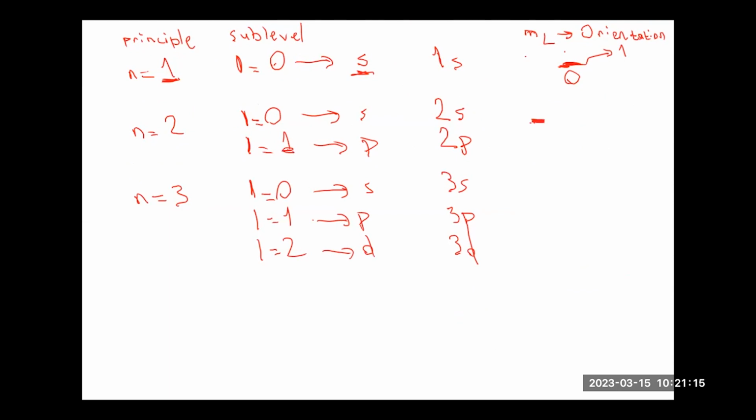That means P minus 1, 0, and plus 1. And we have just Px, Py, Pz orientations.